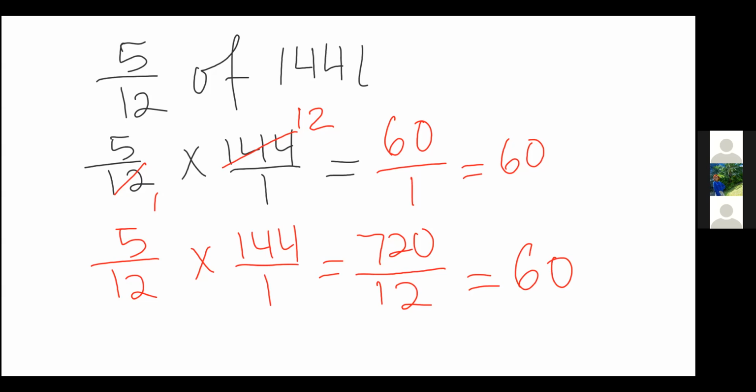Yes, when will we do the first method, where you cross divide? Anyone is fine. If you want to divide across, once there are two numbers that can divide into each other. So we know that 12 could go into 12 and 12 could go into 144. We divide them.